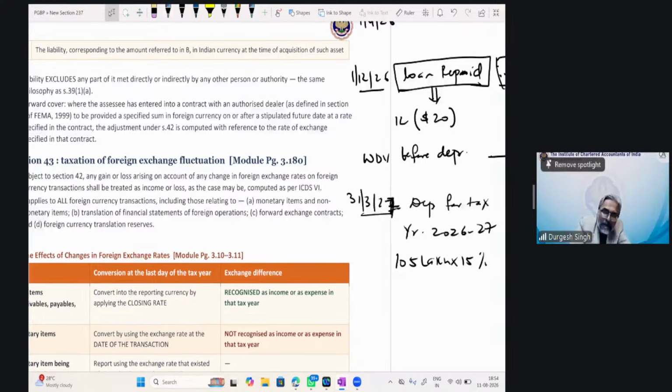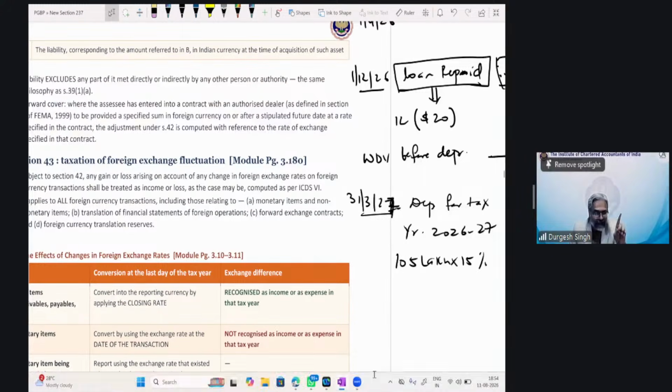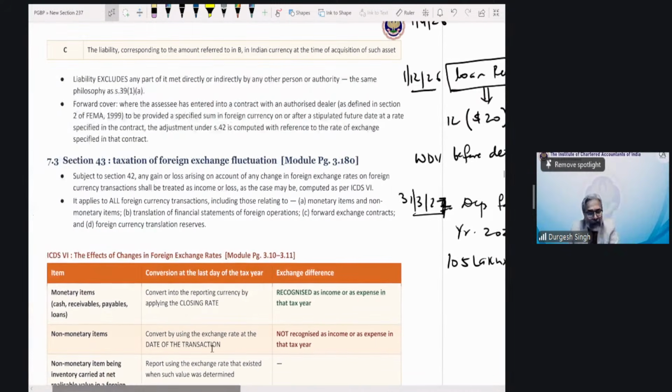Will section 42 be applicable? The answer is no. So where will it go? It will go in section 43, along with ICDS number 6. I hope every one of you is clear with this. So first, always check for applicability of section 42. If not, then it is 43.